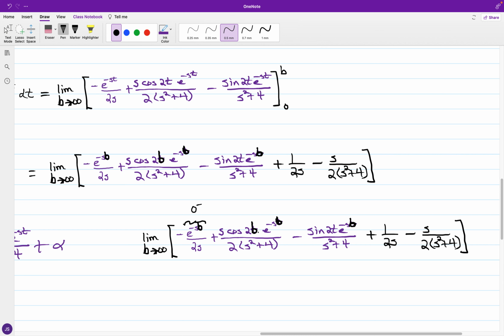The same thing here, we have e to the negative infinity, so you're looking at a tendency to 0, and that would be negligible. And for sine of 2b, e to the negative infinity, as b approaches infinity, e to the negative infinity again tends to 0.